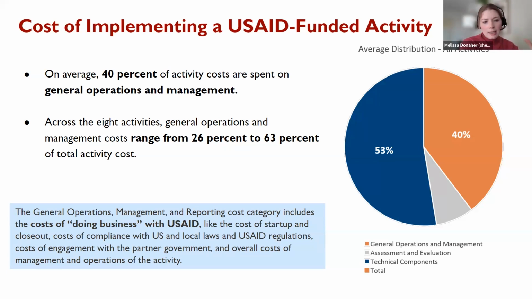What are some of the reasons that we see that variance? And that will help us really understand more about the cost drivers of USAID funded USAID expenditures in particular. But we can do this for all of the related cost categories. So if you're interested in learning more, you can see that in the full report.